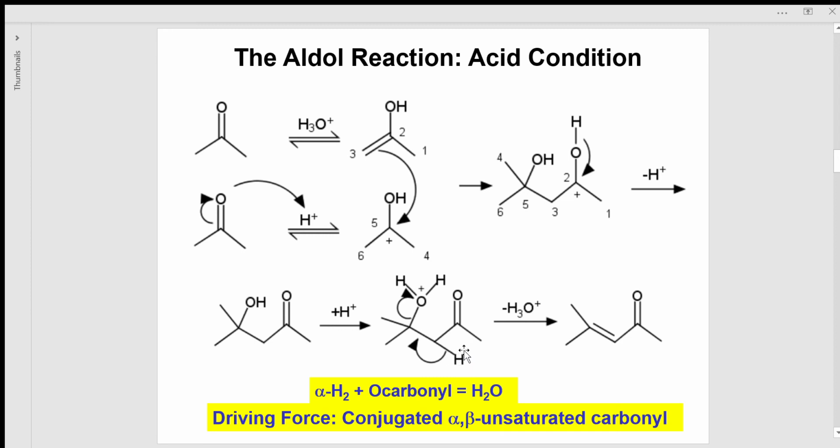Water serves as the base to attack this acid, so we have a new pi bond, an alpha beta unsaturated molecule. Again, the driving force for this acid catalyzed aldol condensation reaction is the final product, the alpha beta unsaturated compound. This is a conjugated system, and a conjugated system normally bears a lower energy. So we have this alpha beta unsaturated carbonyl compound.